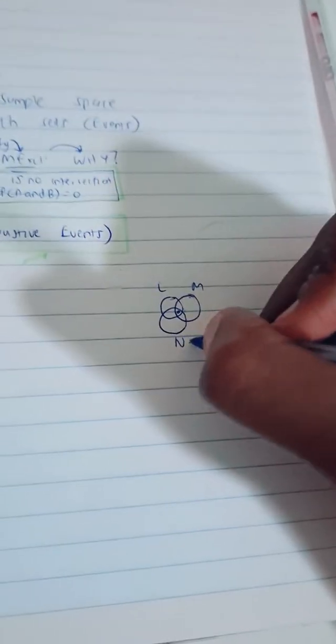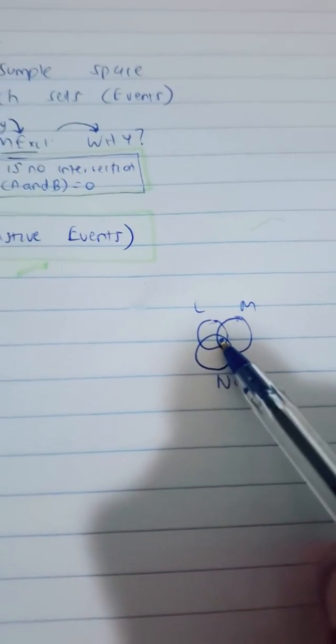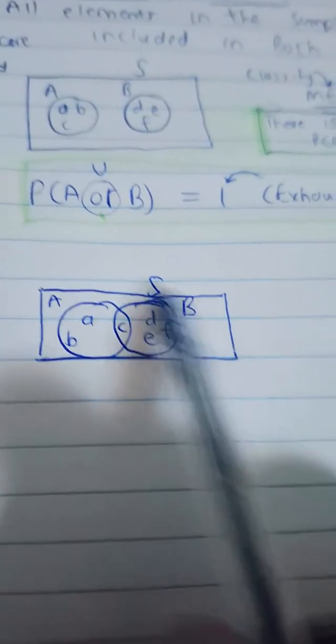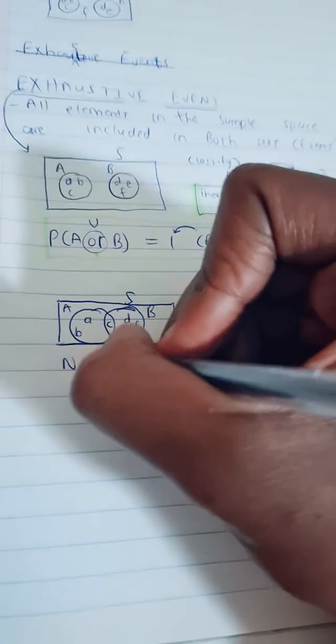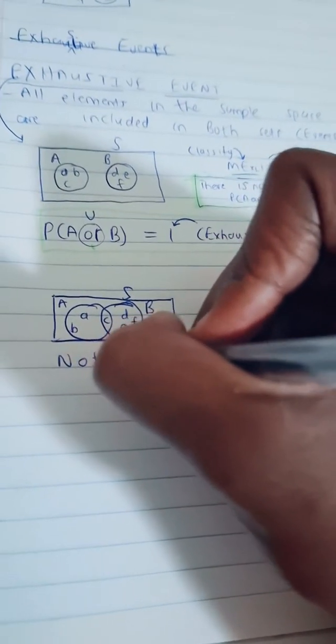We have Landiwe, this is Mulawudzi, and this is Nez. They intersect, they have a common answer, which is no. I asked, is this mutually exclusive? And the answer is no. Not mutually exclusive, I agree.